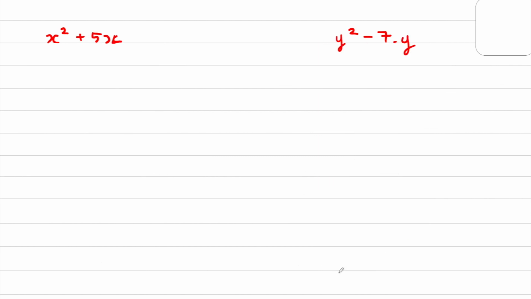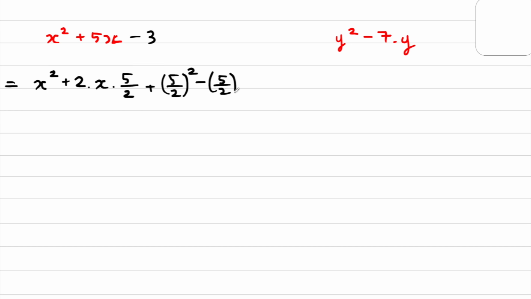The next question, you got 5x and minus 3. Okay, so one more time you work with an odd number, 2x and 5 over 2. The next number will be 5 over 2 squared and minus 5 over 2 squared here and minus 3 one more time.